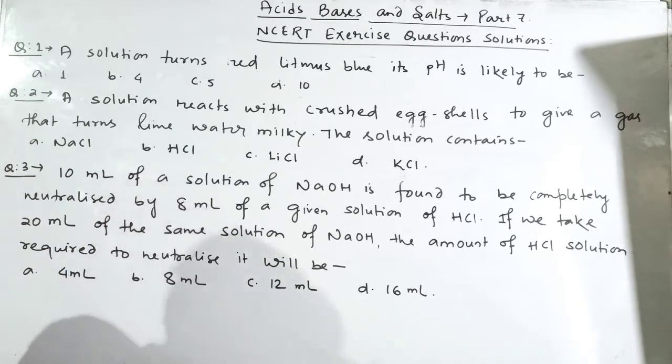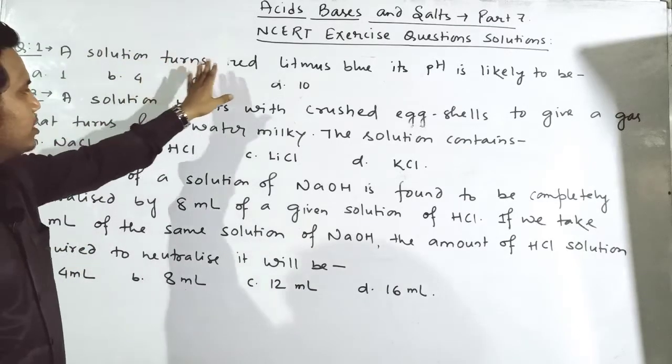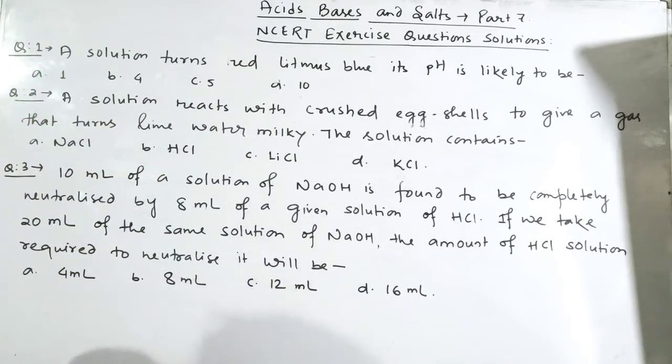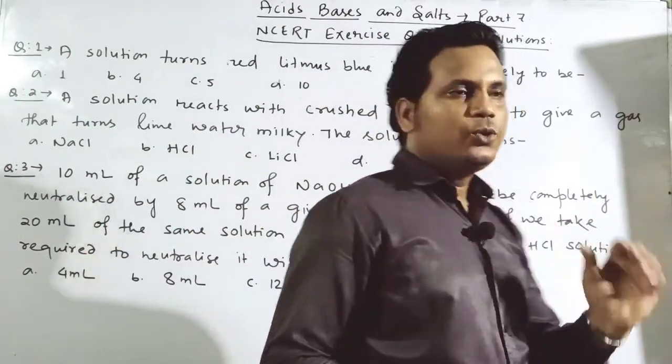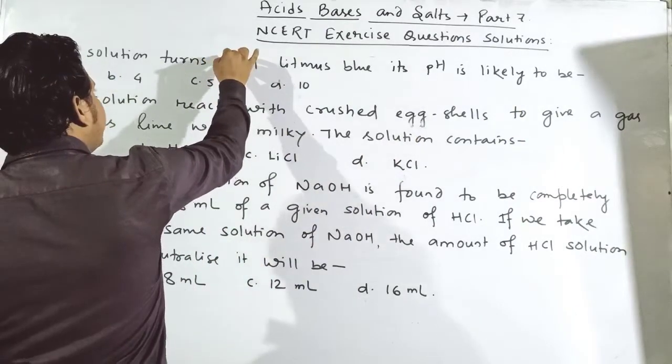Question number 1. If a solution turns red litmus blue, its pH is likely to be. Litmus is an indicator.